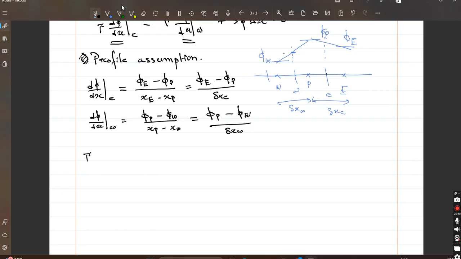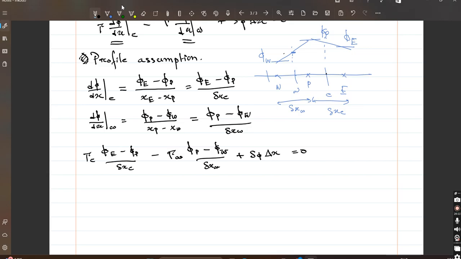The first part will be gamma E times phi E minus phi P by delta x e, minus gamma W times phi P minus phi W divided by delta x w. Mind this is small w, this is capital W. Plus S P delta x equal to 0.